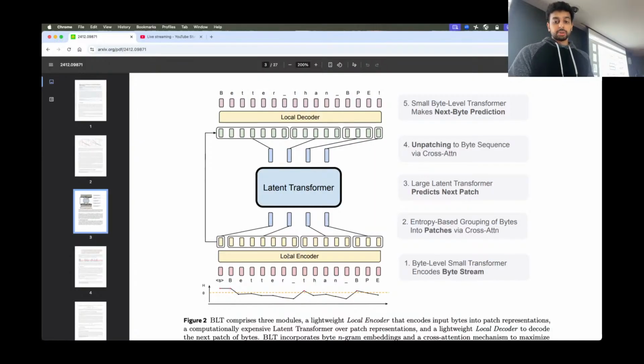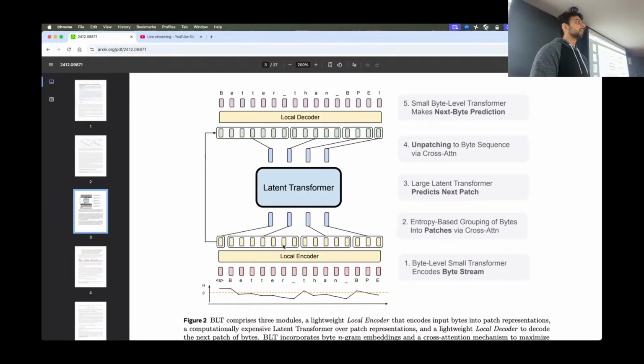They pass this into a local encoder, and unlike just every 4 tokens getting encoded into a vector, they have a more clever method that uses entropy to determine where to split this byte stream. So this single byte is assigned its own embedding, but this sequence of 7 bytes is all embedded into one. Now this giant latent transformer could have billions of parameters.